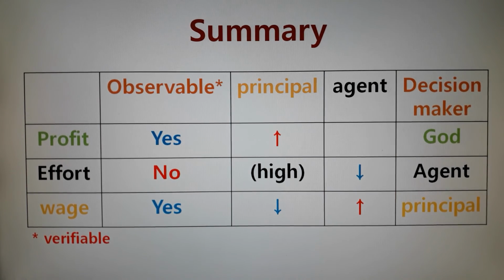Oh my God. Okay? The last variable is wage. The wage is, yes, observable. What is my wage? I'm not going to tell you, but every 15th day of the month, I get paid, and the university shows me why I am paid so much.